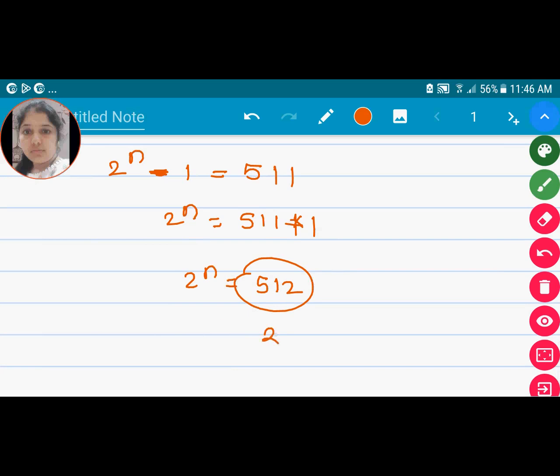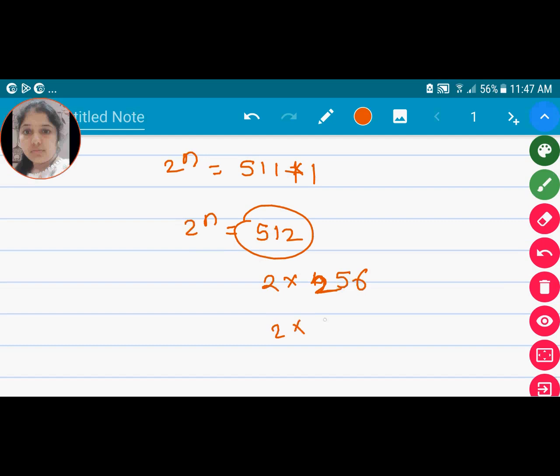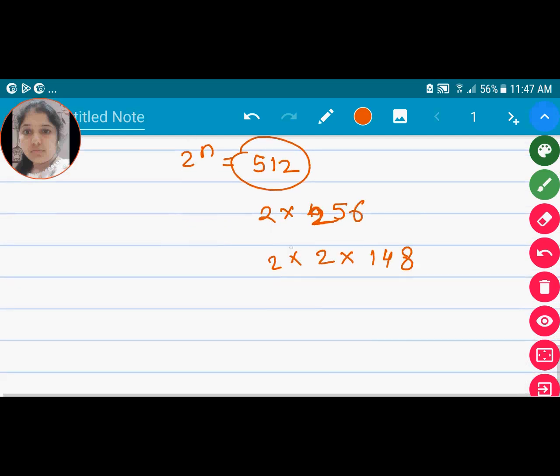Now you have to divide this by 2. 2 into 256. Now 2 into 2 into 128.